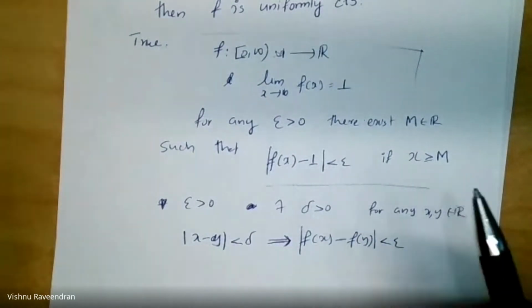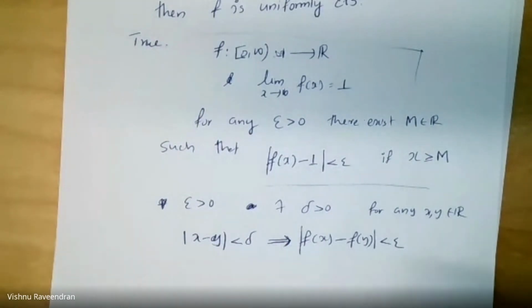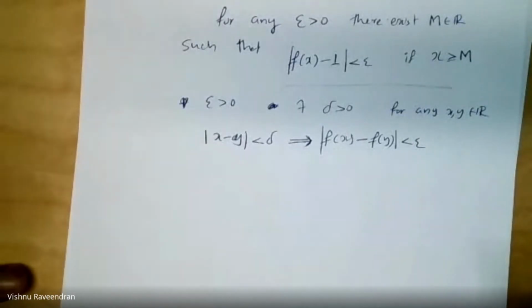When can a function be uniformly continuous? Same delta for every epsilon.